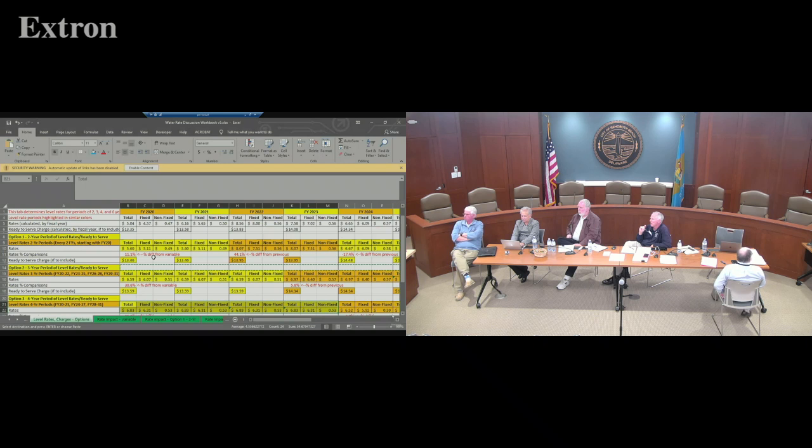I grabbed a number that I thought made sense based on some data I was looking at. I was looking at, again, my data set, which is October 2016 through September 2017, and looking at the percentage of billings during that period for each of the areas. So I did a breakdown of what was in-city, what was out-of-city, and what was Breezewood. In-city accounted for, I have it here, about 38% of those billings.